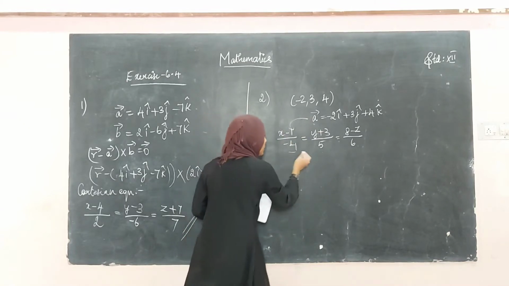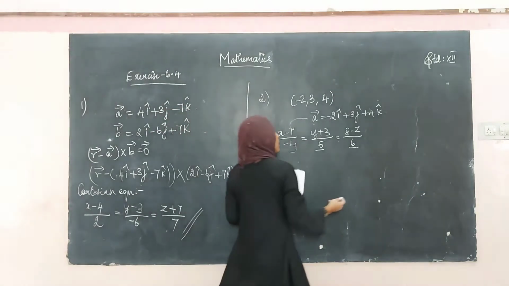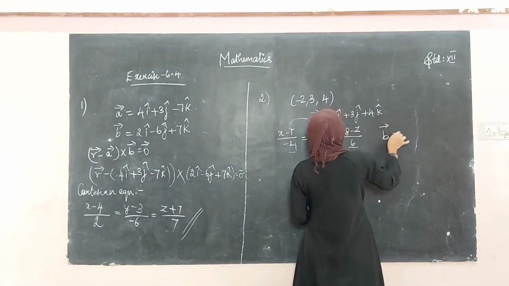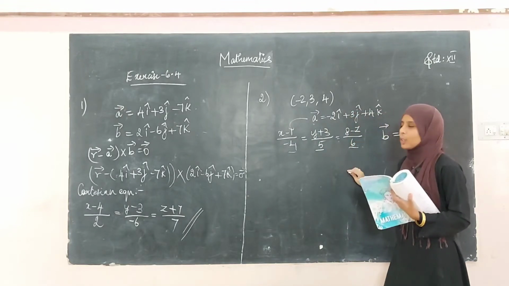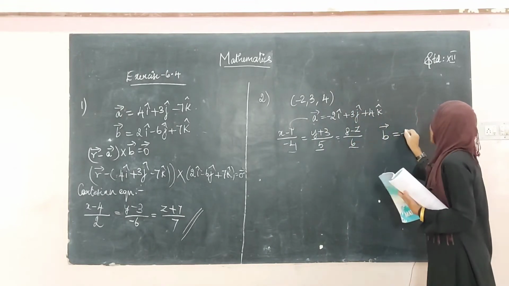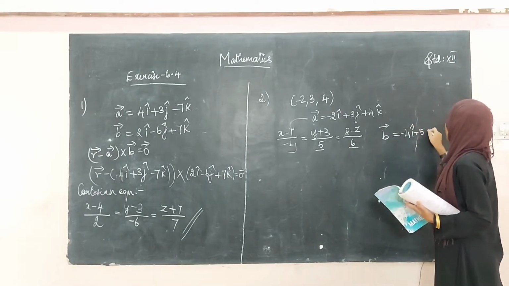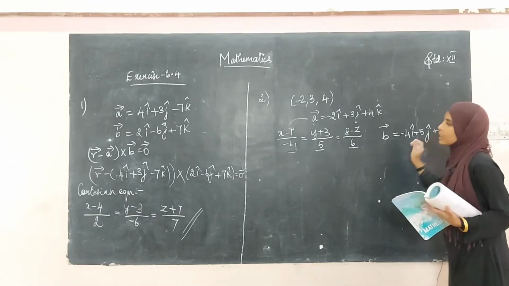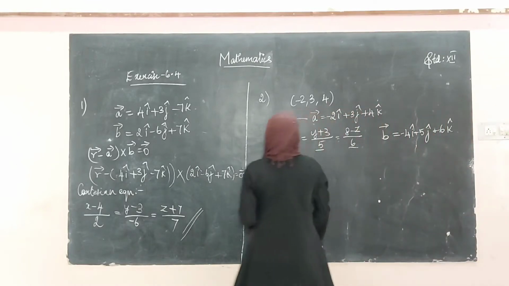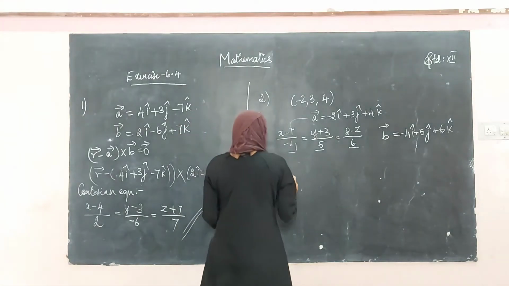We know that this is B1, B2, B3. So using that we can find the B vector. What is B vector then? B vector is equal to B1 i cap plus B2 j cap plus B3 k cap. B1 is minus 4. So minus 4i cap plus 5j cap plus 6k cap. So this is the B vector. Now what do we have to find? We have to find the parametric form of the vector equation. What's the formula for that?